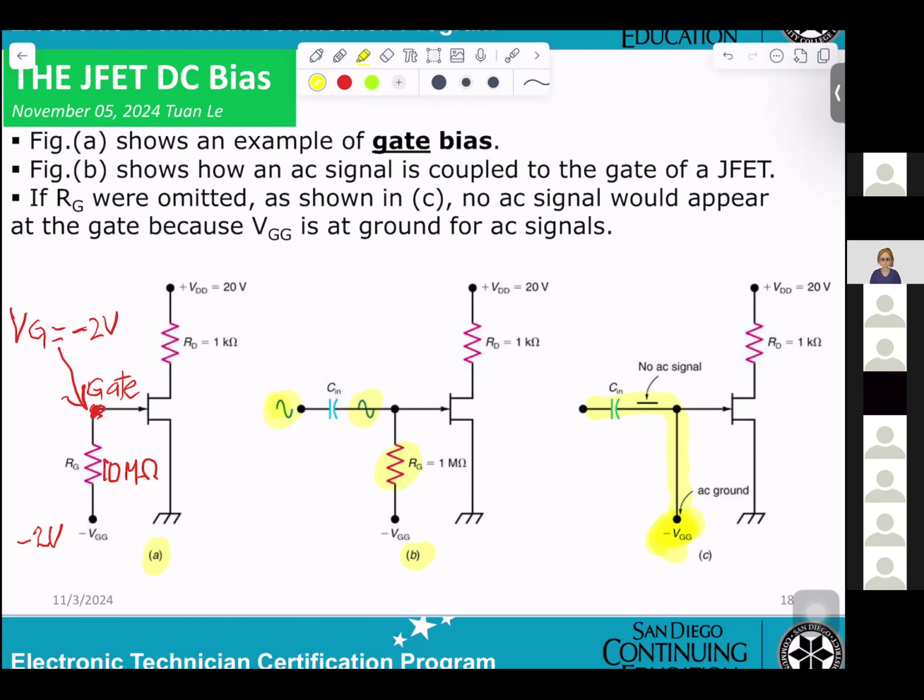Without that resistor, the AC signal will go to the ground and it cannot work. So it's to prevent the AC signal from going to ground. Exactly. When you go into the AC, the VDC must be grounded. See? AC ground.